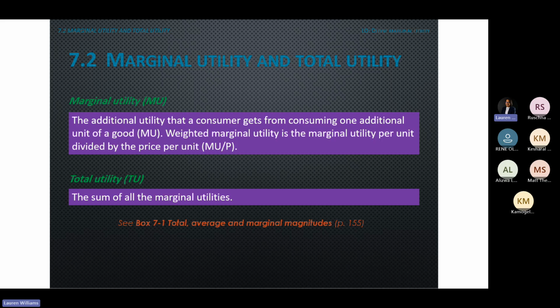The additional utility I got from consuming that one cup is 8, because initially I was at 10, now I'm at 18 with the second cup. So the additional level of satisfaction I got from consuming one additional unit of that good is your marginal utility. It's that additional amount or level of satisfaction you gain from consuming one more of the same product.